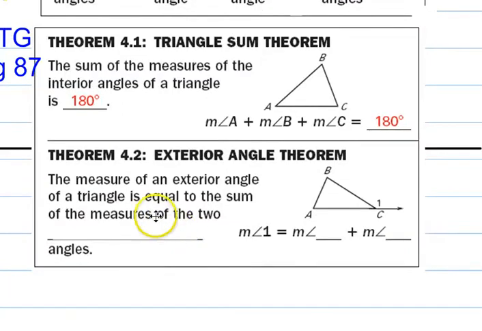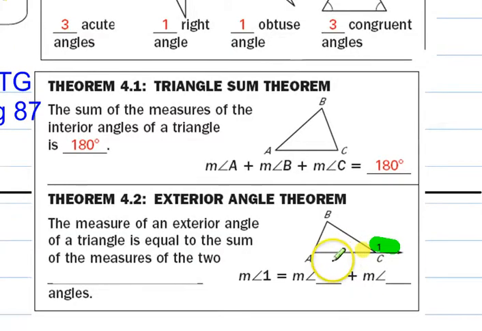Today we want to talk about this important exterior angle theorem. Remember, I mentioned earlier that there are interior angles. Here's an example of an interior angle. The exterior angle is the angle that's adjacent to an interior angle, and it shares a side with the interior angle.